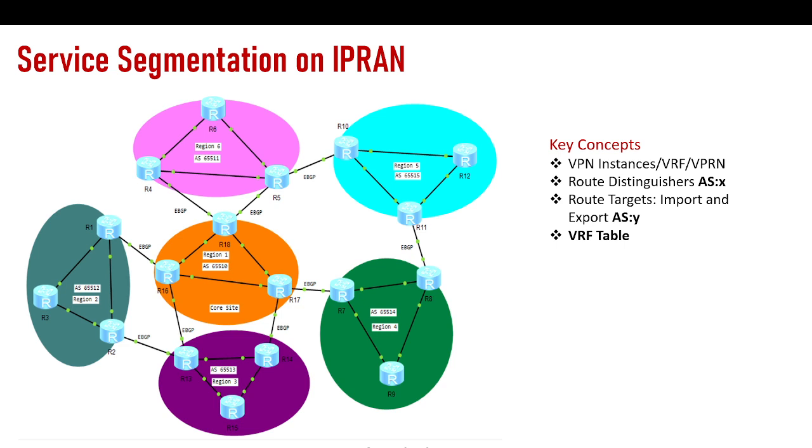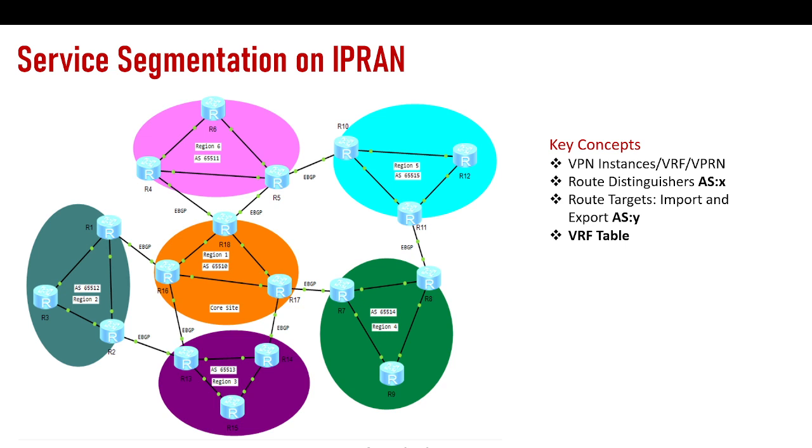Then for the route targets, we also use the AS number. So for example, if you have 65511, that will be the first part of the route target. And then we also need to have the other part, so we have AS:Y. Y will also be a unique number.